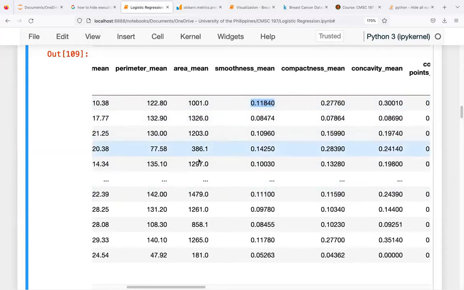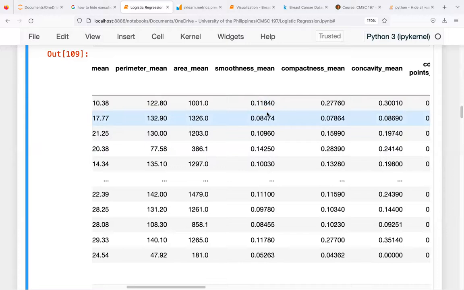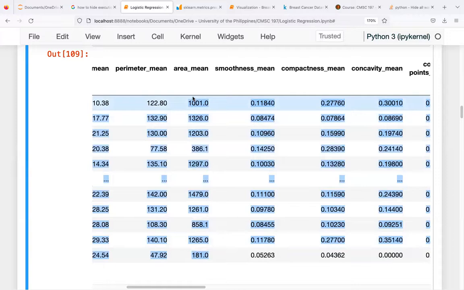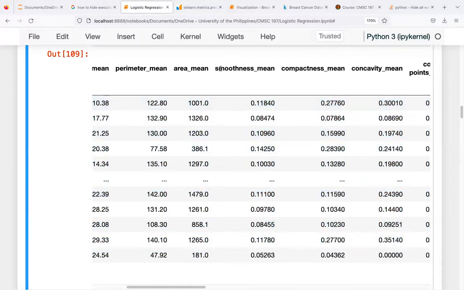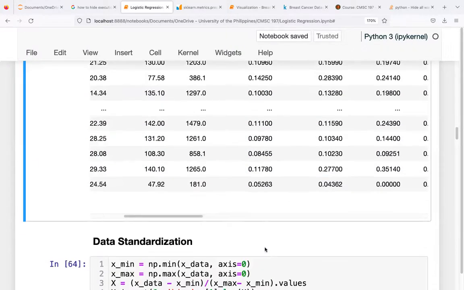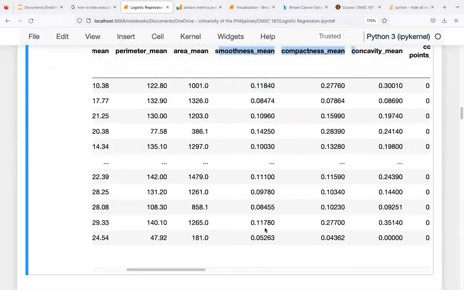So if we use this data set, the tendency is more importance may be given to these values that have higher values, while less importance will be given to those features with lesser values, like less than 0. So it's important that we standardize the data to put them into one scale.